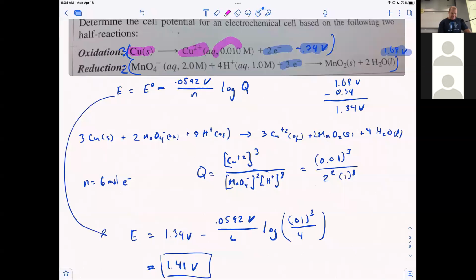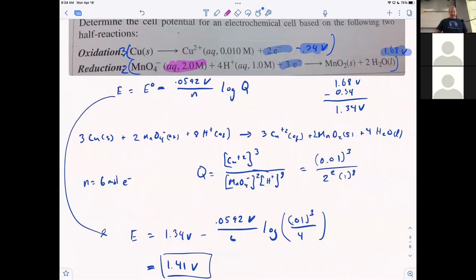That means that this number is going to go up. So the copper ions are going to increase in value. And now the cathode, permanganate's the cathode. As this reaction is going, this 2 molar, it's a reactant, it's going to drop. So we're going to lose that value.